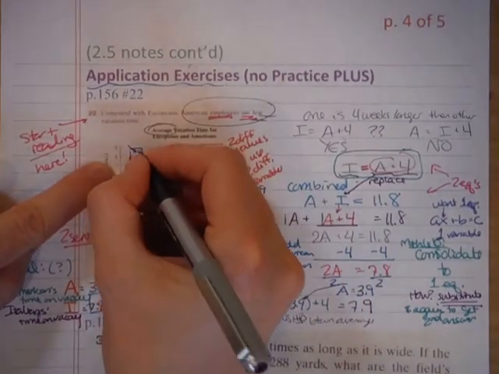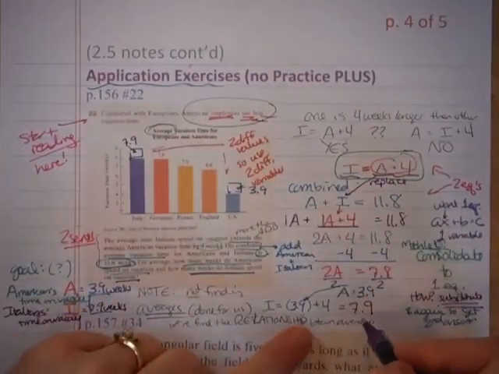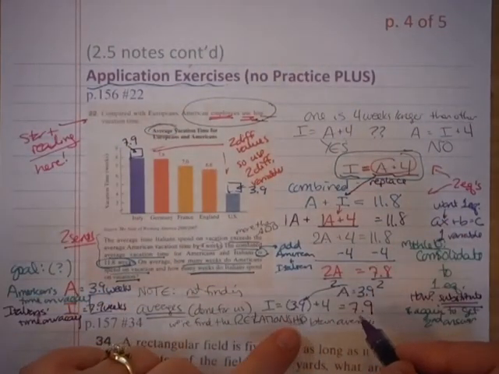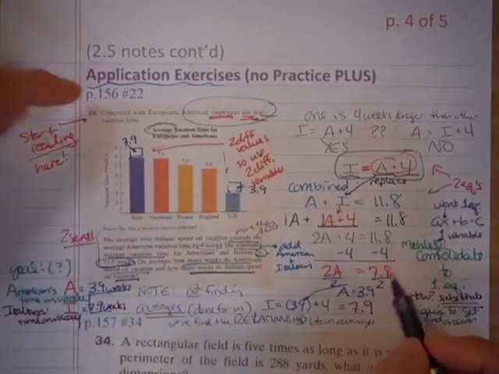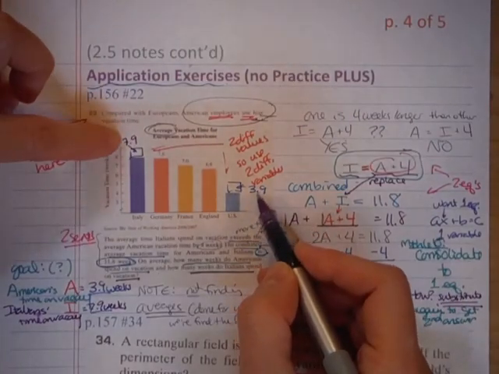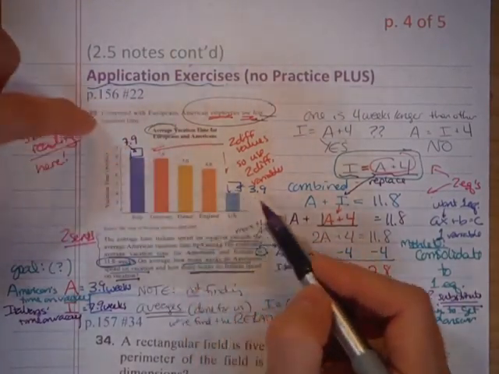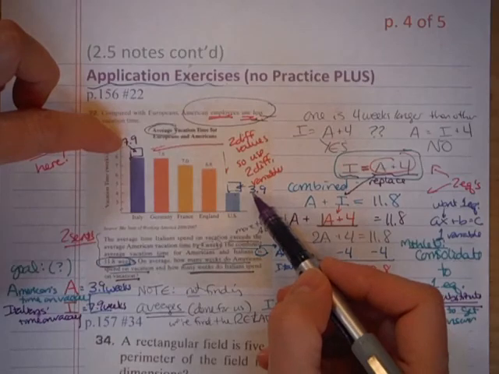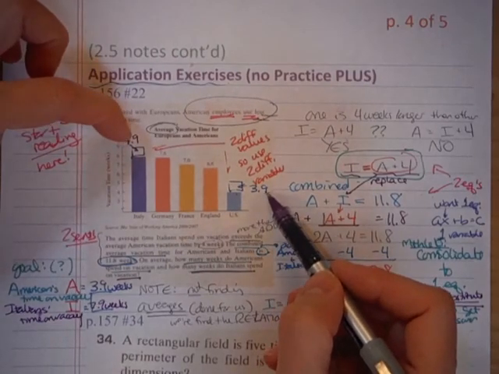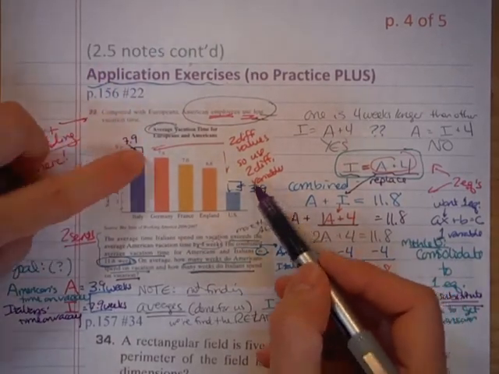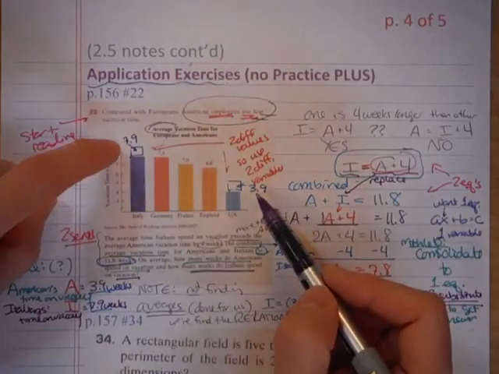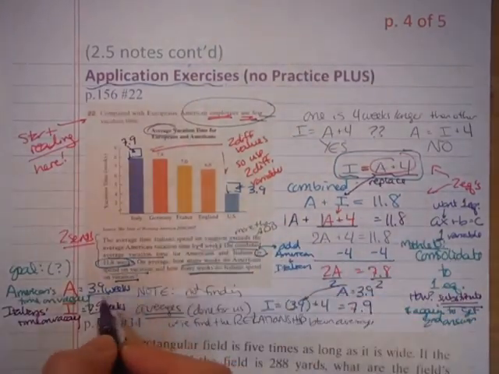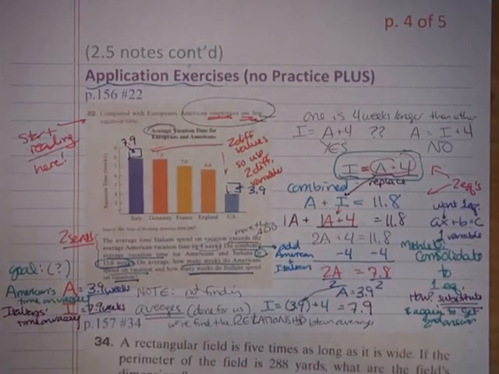Let's see if it matches the situation here. Italians exceed Americans by 4 weeks, so Italians are higher by 4. Combined, it's 11.8. 7 plus 3 is 10. 0.9 plus 0.9 is 1.8. 10 and 1.8 is 11.8. So I'll just check in my head. These do check out. There's our answers. Americans 3.9 weeks, Italians 7.9.